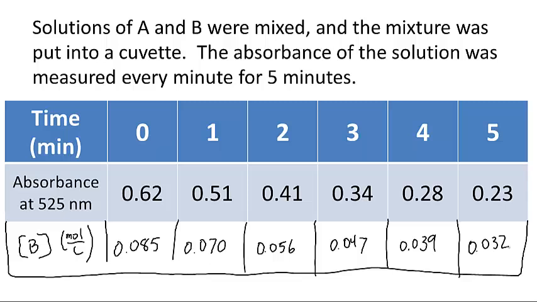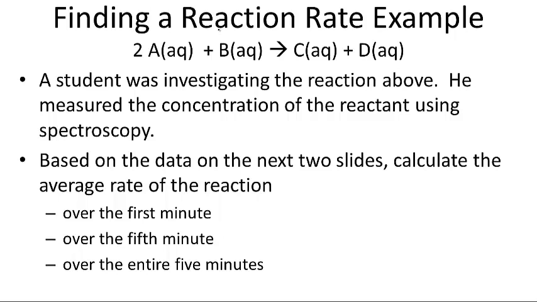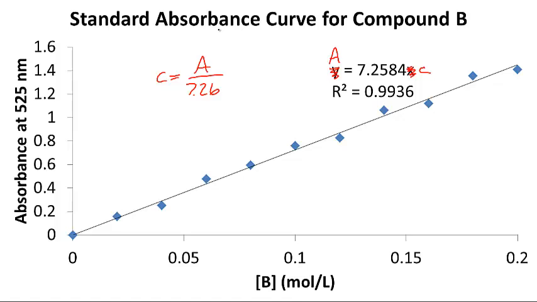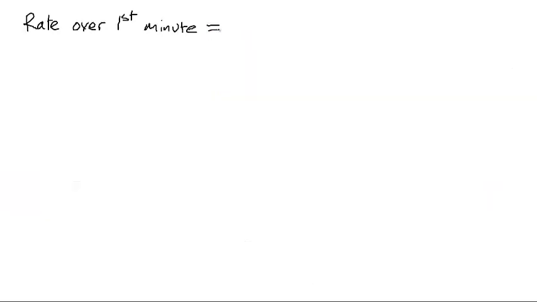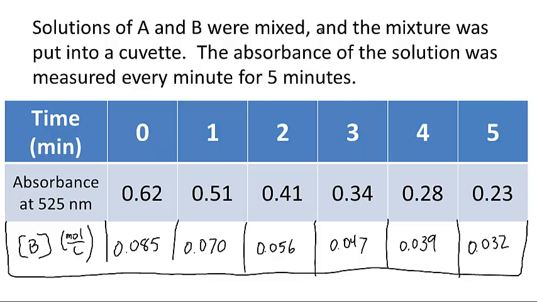So if I want the rate over the first minute, remember here's my reaction: 2A plus B makes C plus D. I'm measuring the concentration of B. So the rate of the reaction as written, since B has a coefficient of 1, is just going to be the rate of disappearance of B. So it's going to be negative 1 over 1 times delta concentration of B over delta t, which over that first minute is 0.085 minus 0.070, or the other way around.